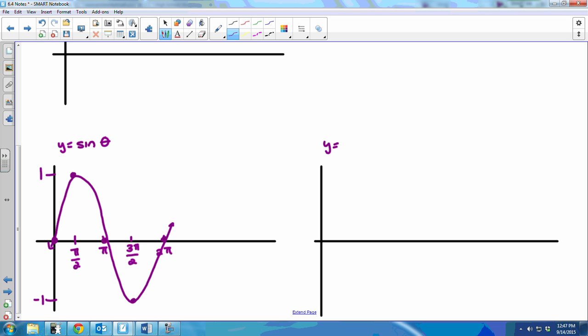For cosine, it had the same maximum and minimum value, but it was a little bit shifted from where sine was. So cosine started at its maximum at 0. And looks like this. Now, we were graphing intervals in Learning Target 9.